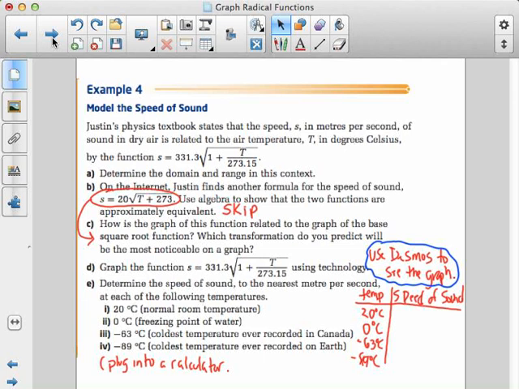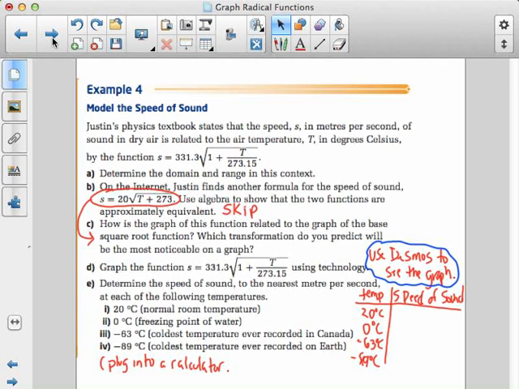All right, so we do have a horizontal translation, right? And we do have a vertical stretch. The vertical stretch does not change your domain or range, but translations do.